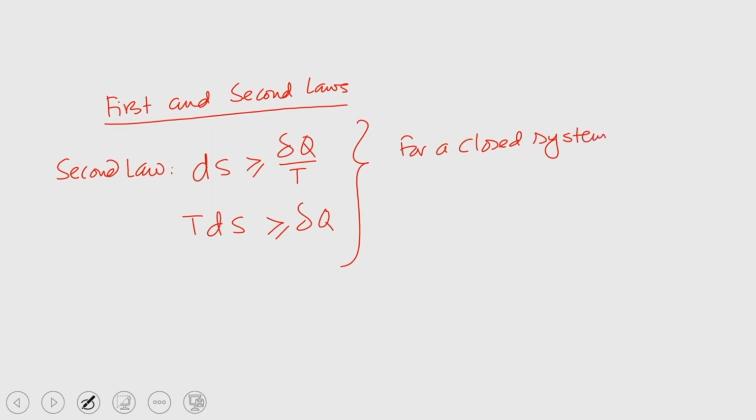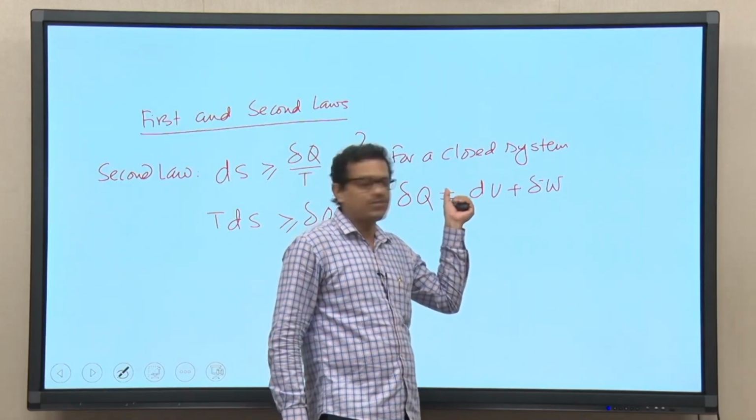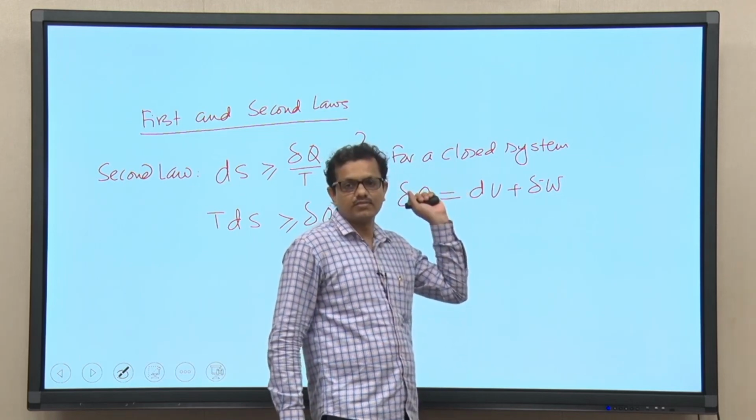In this case we can write δQ equal to dU plus δW. We have ignored the changes in kinetic and potential energy. We consider this equation as the first law of thermodynamics for the closed system.